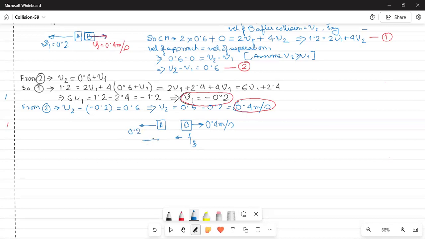Once again, it will have a frictional force in the opposite direction. You can handle both of them separately. Here, this is say Fs1, this is Fs2.